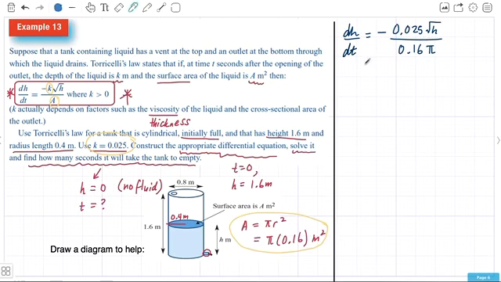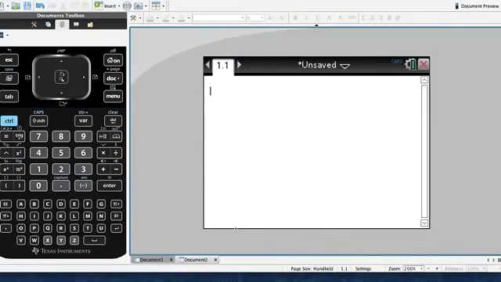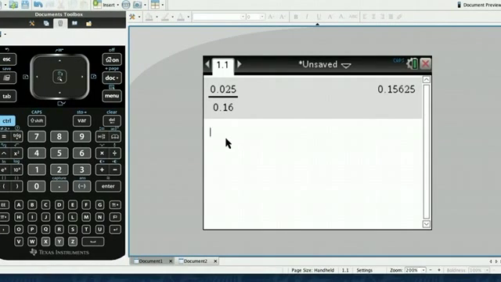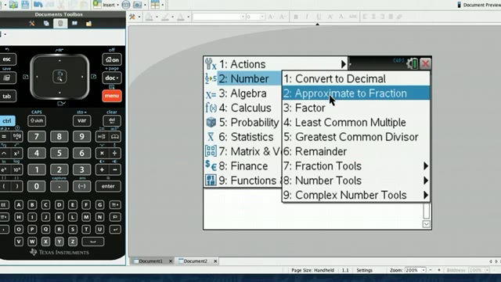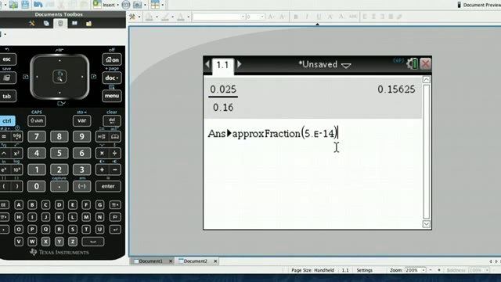If you wanted to, you might like to do that in a better way instead of using decimals like that. So I'll put that into the CAS. It's 0.025 on 0.16. To make that into a fraction, I'm going to go into menu, number, approximate to fraction, and push enter.